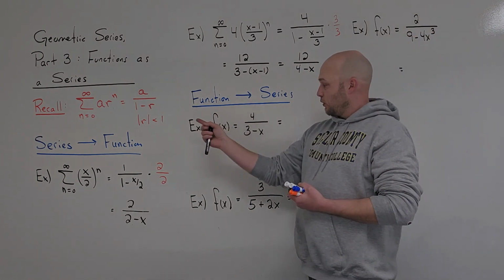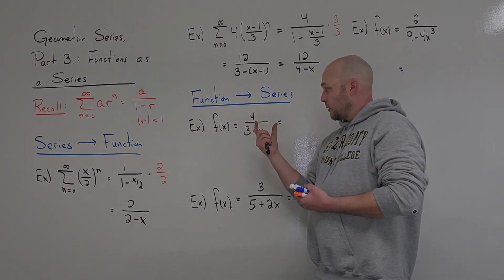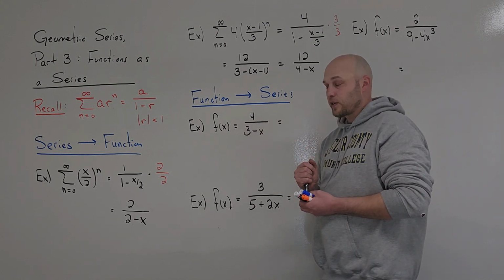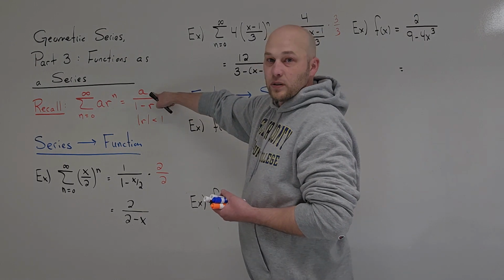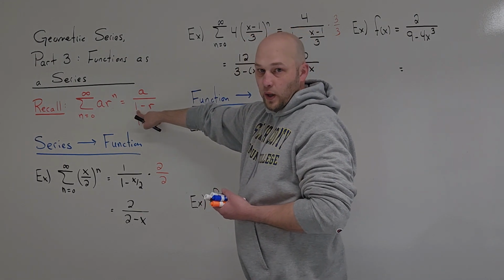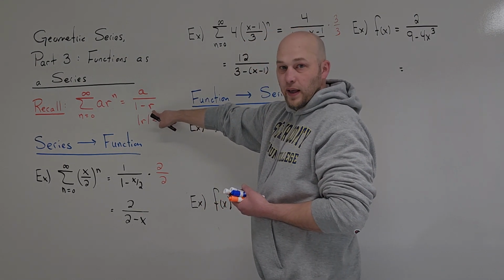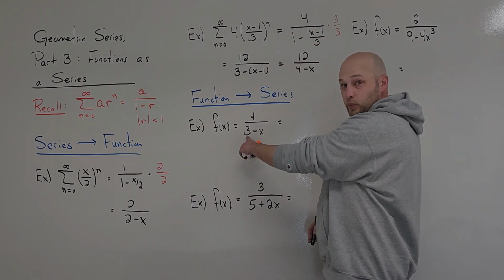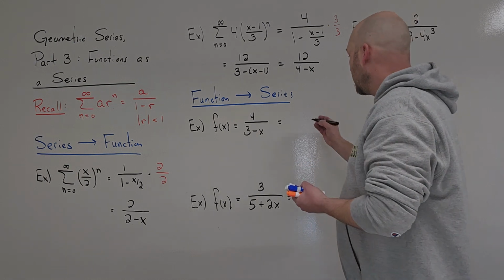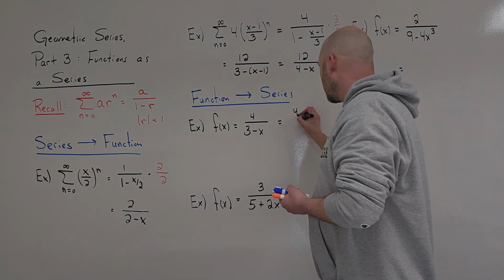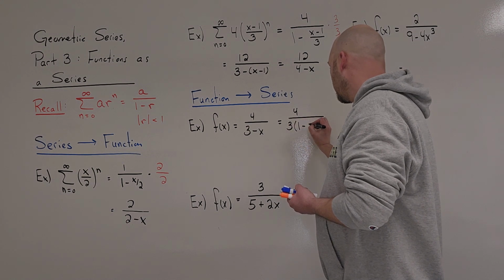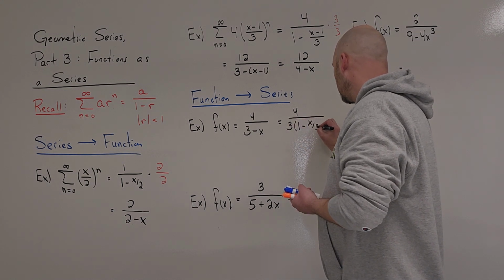Since I have that general form, I can see if there are any manipulations I have to make to get it in that exact form. A can be any constant. This has to be a 1. This is where your variable has to appear. The only change I have to make is that this 3 has to be a 1. I can factor a 3 out, giving me 4 over 3 times 1 minus x over 3.